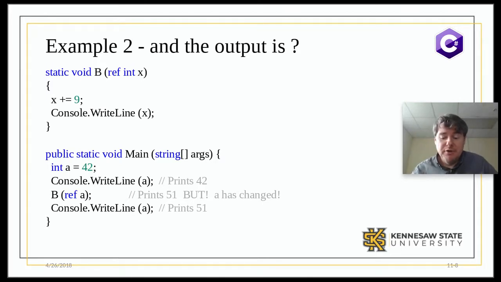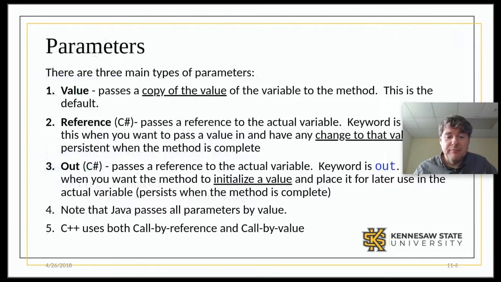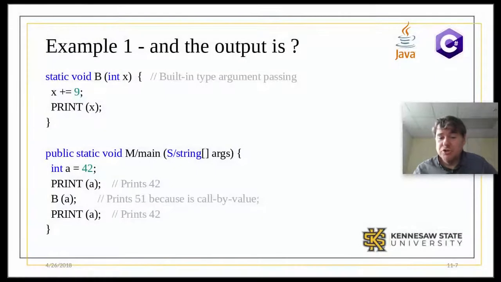Now, I'm going to back up to the other slide, the one before we put in this reference word, and I'm going to show you what happens in this one, and then I'm going to show you what happens in the one with the reference. So to be clear, we are back looking at the one that does not have the word reference. So we are passing by value.